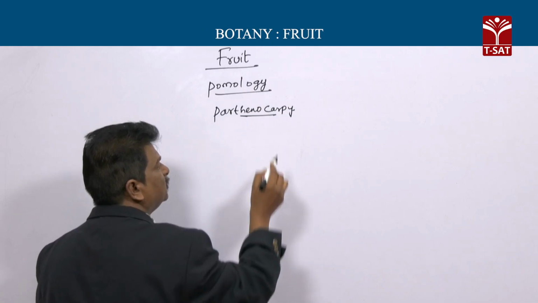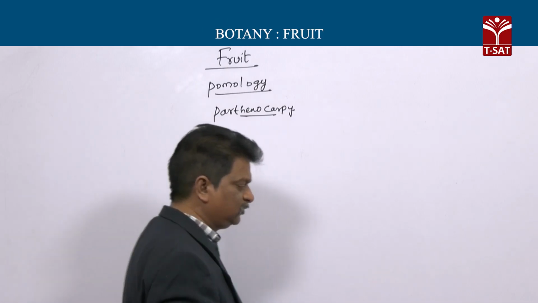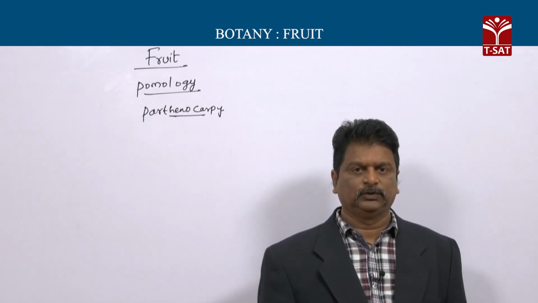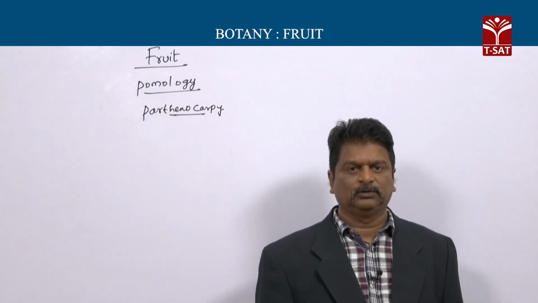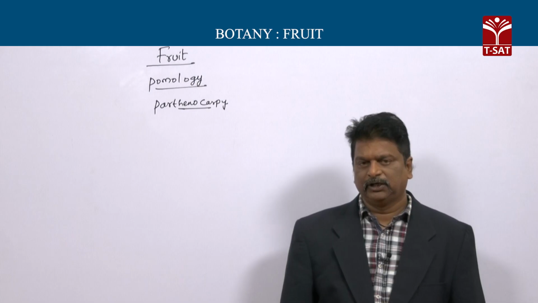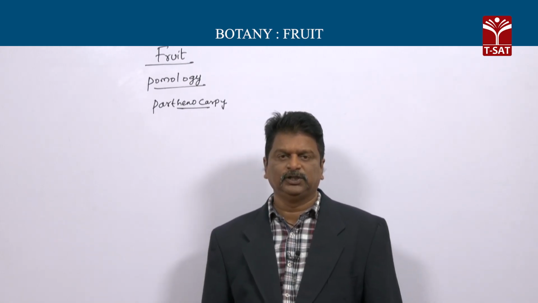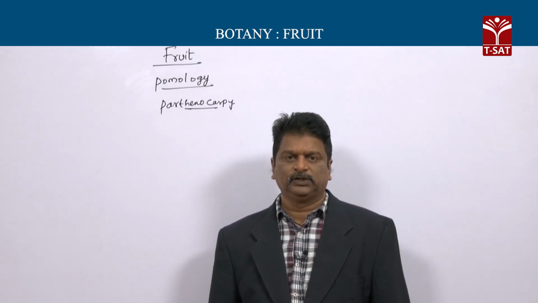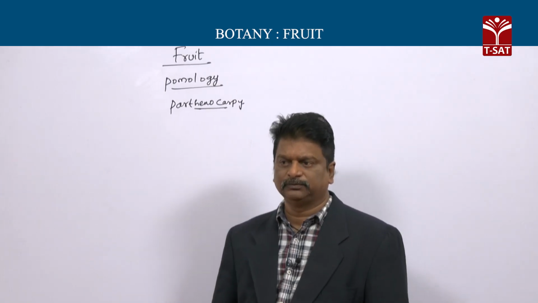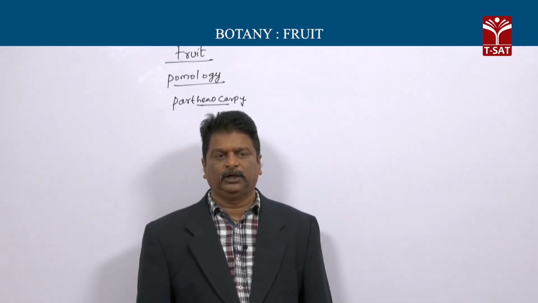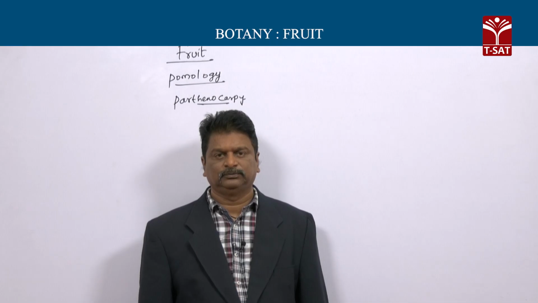If without fertilization the ovary forms fruit, it is called parthenocarpy, and such fruits are called parthenocarpic fruits. Generally, parthenocarpic fruits are seedless. Examples for parthenocarpic fruits: banana and grapes.